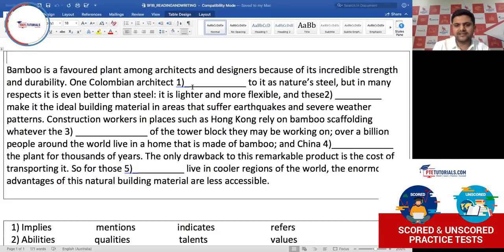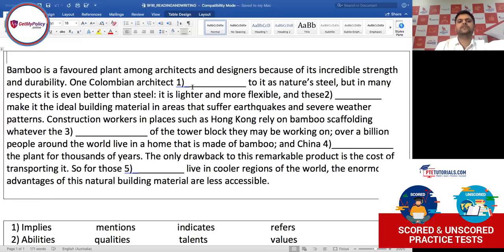You can't say indicates to it as nature's steel, or implies to it as nature's steel. The only word that goes here and that would create meaning as well as be grammatically correct is refers to it as nature's steel.